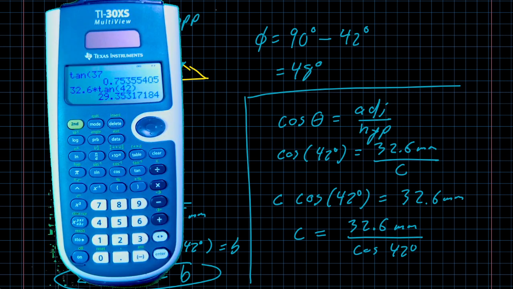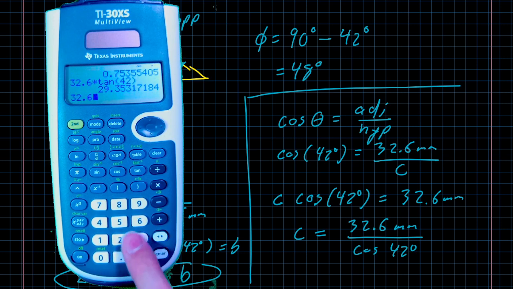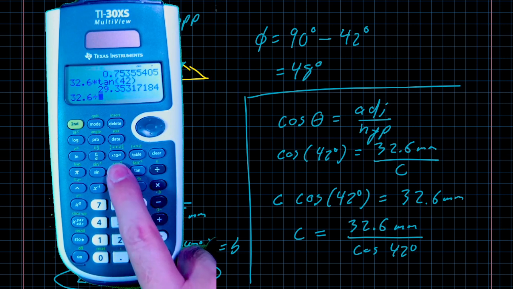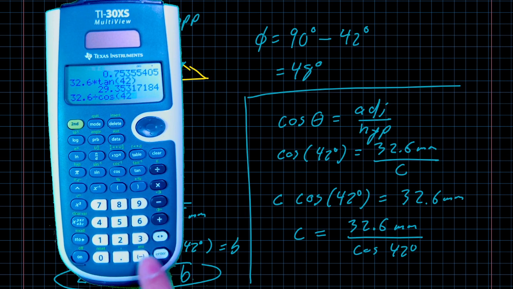All right, let's bring my calculator back onto the screen. And I can type in 32.6 divided by cosine of 42.